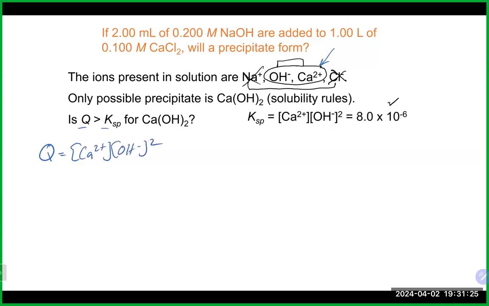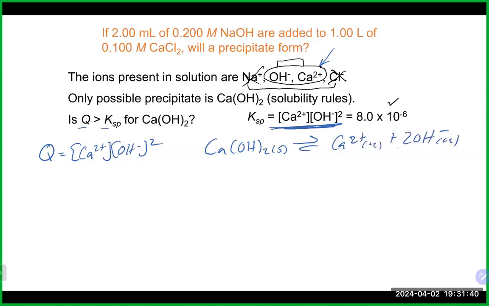And once again, we do need to square it. And that comes from our calcium hydroxide, which will essentially break apart into a calcium ion and a couple of hydroxide ions here. And again, that is where the squaring part of it comes from.